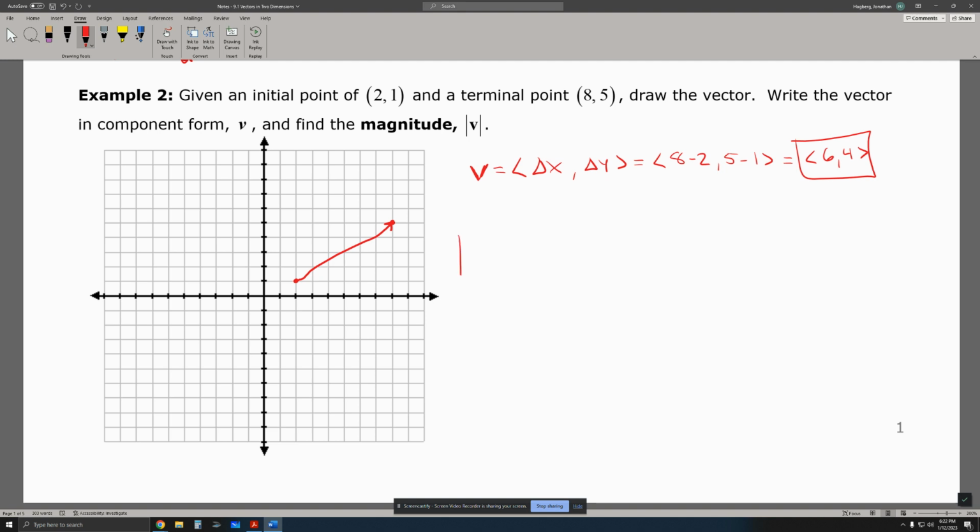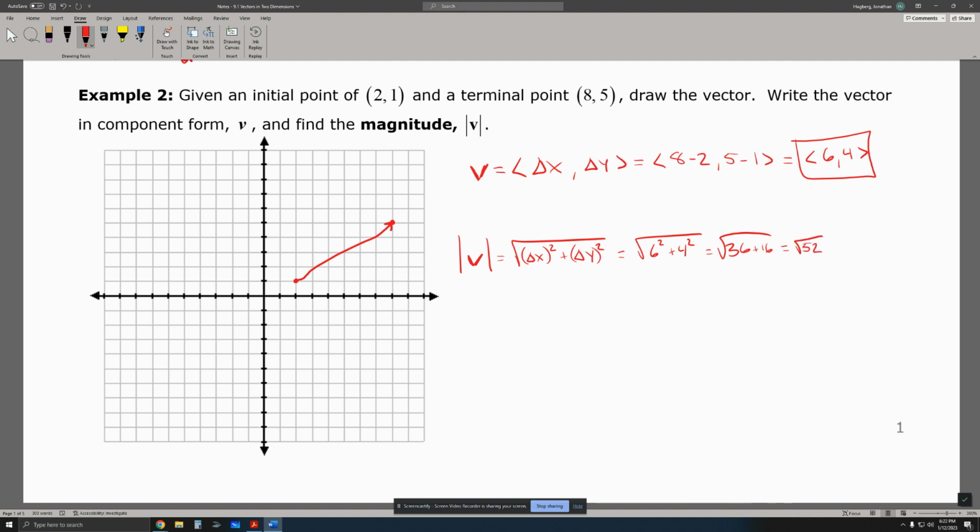To find the magnitude, we can simply take the square root of the sum of the squares of the change in x and change in y. So the magnitude is the square root of delta x squared plus delta y squared. This is equal to the square root of 6 squared plus 4 squared, which is equal to the square root of 36 plus 16, or the square root of 52.